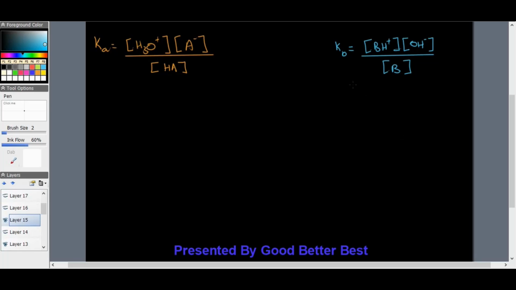So for example, I'll do the base first because my color is in blue. For the reaction that we just had, we had ammonia NH3 plus water, which gave us NH4 plus in aqueous solution plus hydroxide, OH minus, in aqueous solution. These are always our products over our reactants. In this case, it's our products divided by the concentration of our base.